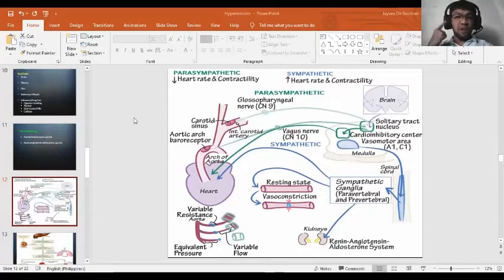Now, once the brain has received that information, it will tell the parasympathetic nervous system, via the cardioinhibitory center of the vasomotor area, through cranial nerve number 9 and cranial nerve number 10, the glossopharyngeal nerve and the vagus nerve, to tell the heart and the blood vessels to decrease heart rate and contractility together with decreasing the blood pressure as well. That's what these things do. So that's all about the baroreceptor system.